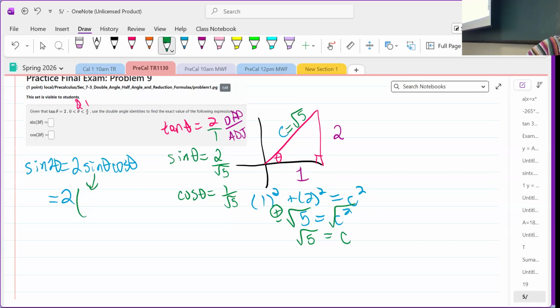I just figured them out. So I'm just going to fill those in. And we actually end up with 2 times 2 times 1 on top, which is 4. And square root of 5 times square root of 5 on the bottom is 5. So our sine 2 theta is 4/5.